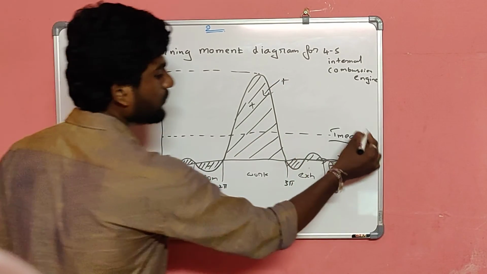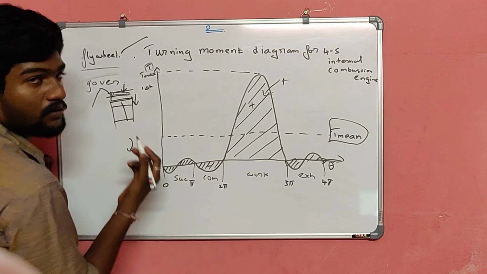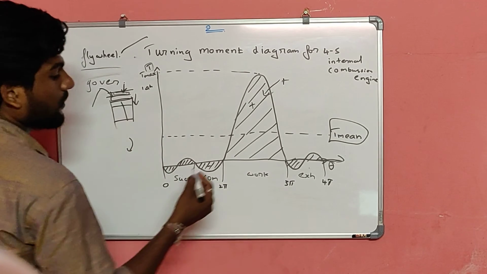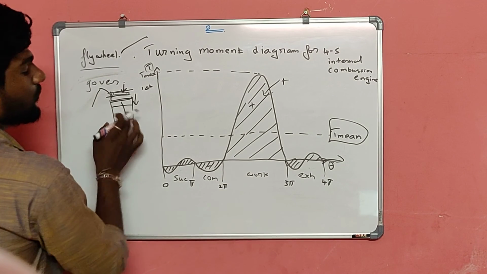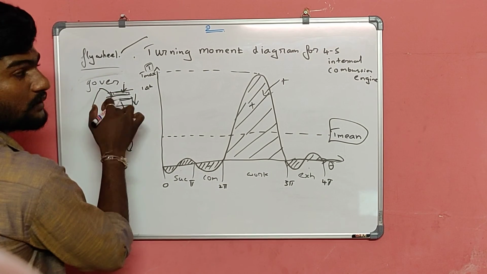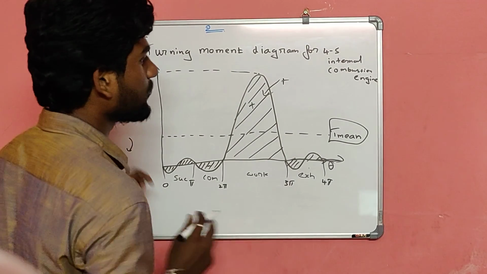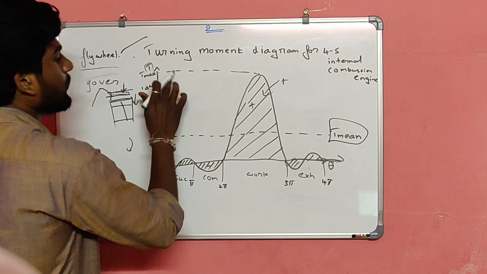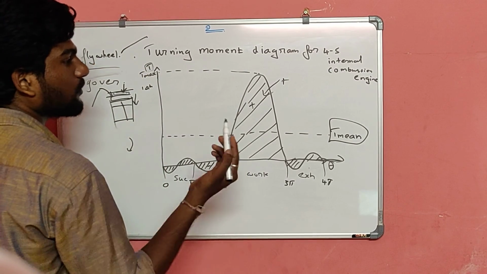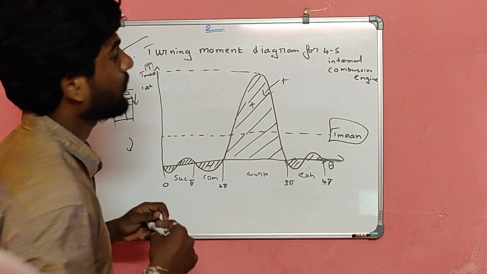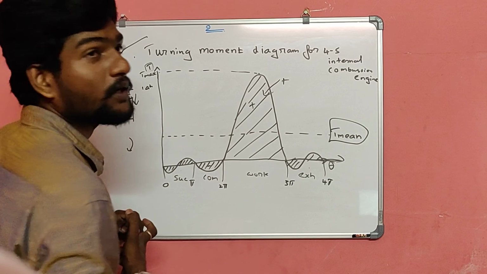And here, as usual, the mean is the average torque needed to rotate that flywheel. And during the exhaust stroke, the work is done on the gas, that is the flue gas, and it will go out. This is the basic idea of how the turning moment graph and crank angle are represented for a 4-stroke spark ignition internal combustion engine. And I hope you understand.